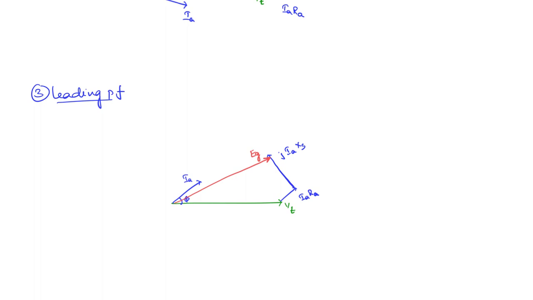Okay. When we are talking about the power factor here, we are talking about the power factor of the load. So one important point that you get from the phasor diagram is how to represent the generated voltage in terms of the load power factor. Okay. So if you draw once again, we will take the example of lagging power factor.